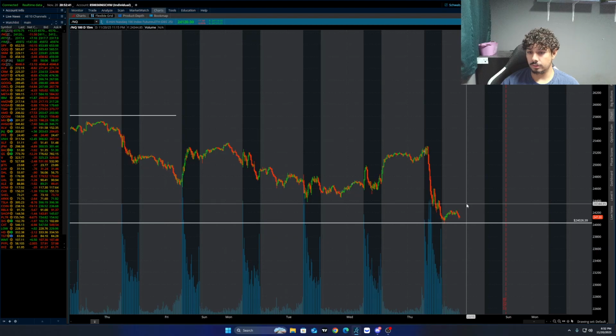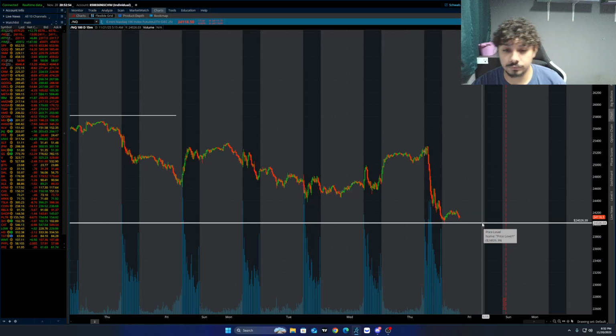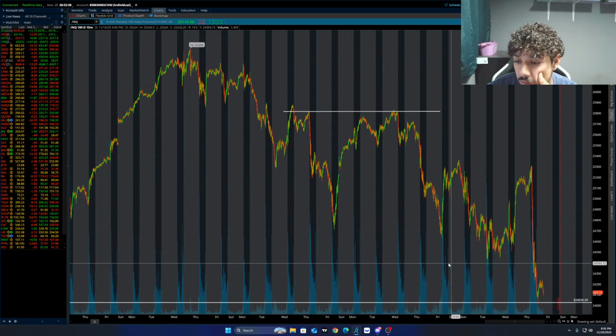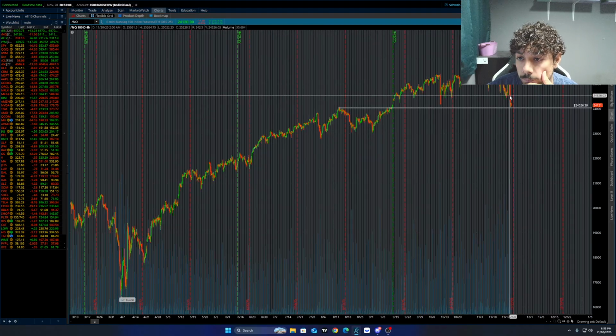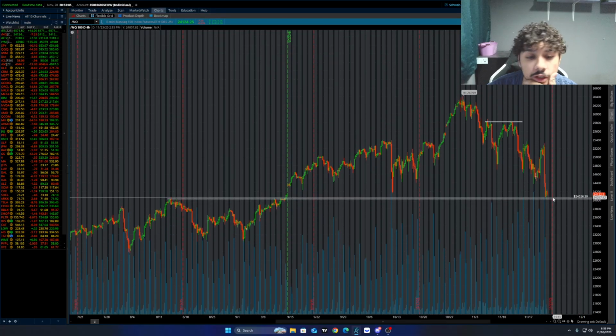This went down more than 1,000 points. So yeah, this went down a lot. Same thing for ES. This could go for shorts. Anything below this line, anything above is longs.